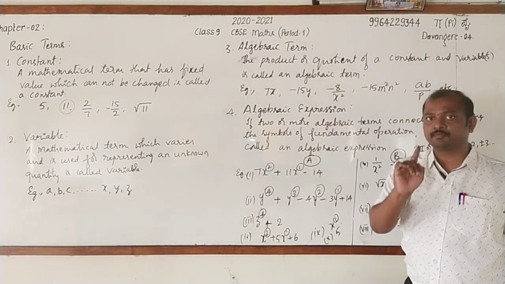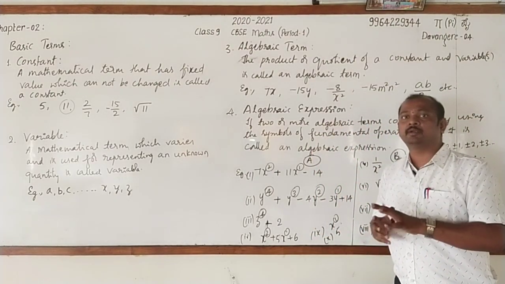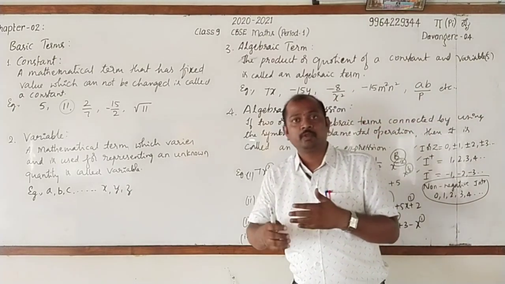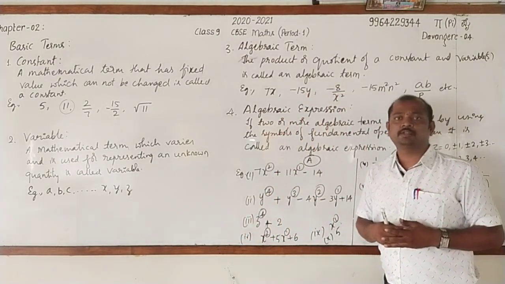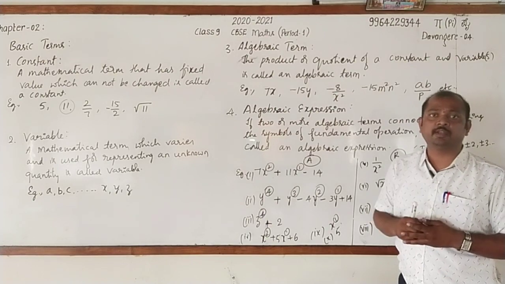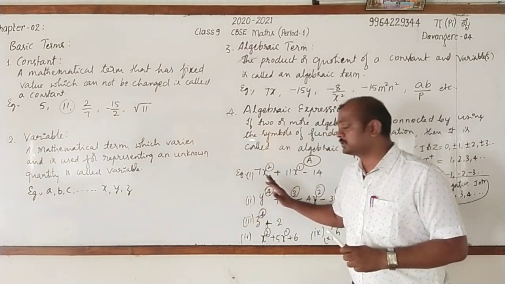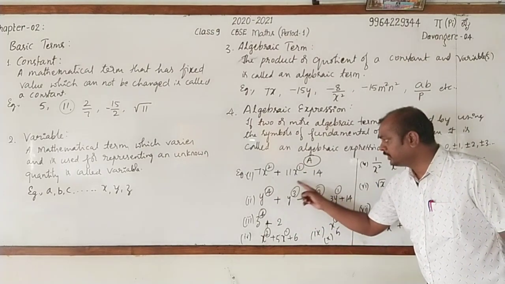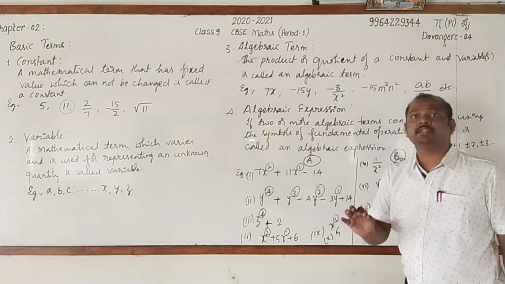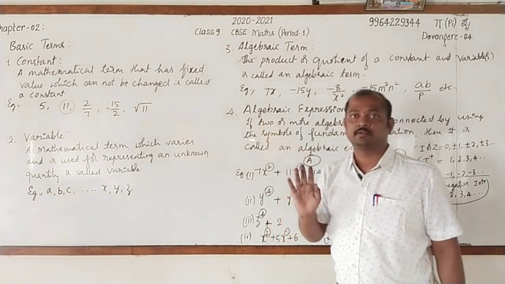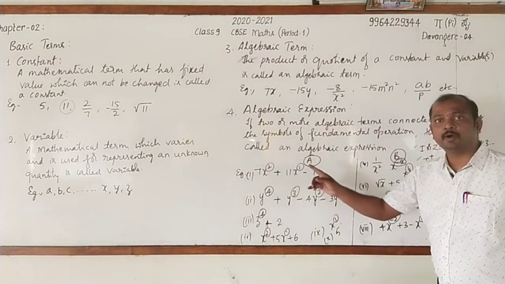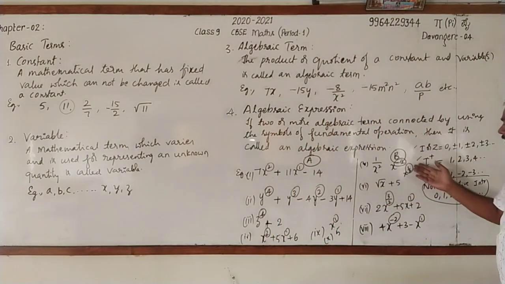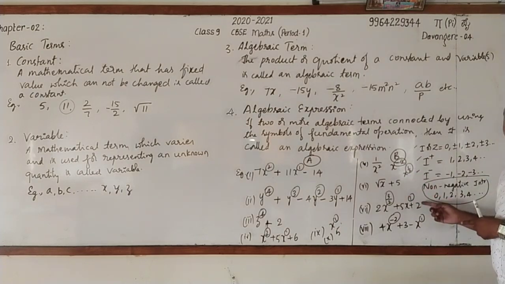This is the actual definition of a polynomial. It should be remembered. Don't think that if there are more than 2 to 3 terms, then it is called a polynomial. That's wrong. The actual definition is: an algebraic expression involving variables whose powers are non-negative integers is called a polynomial. What about group B? The powers are not non-negative integers.